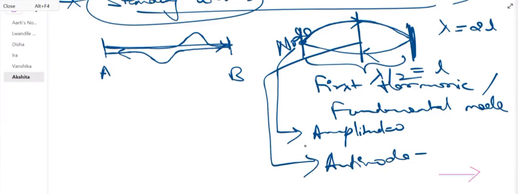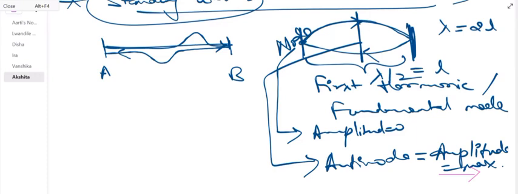Here, your amplitude will be maximum. Correct? Yes, ma'am. Okay. So when you have a closed end, you will get node. When you have an open end, you will get antinode.